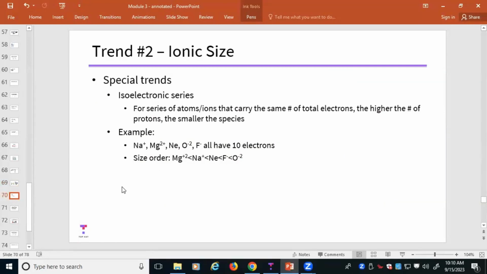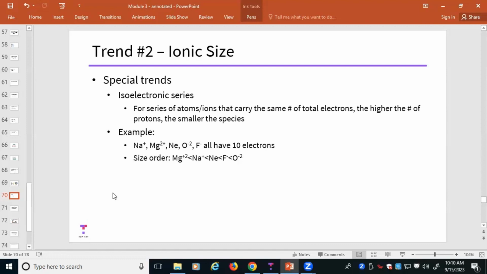There's another trend that we can investigate, and that trend is associated with what is called the isoelectronic series. We talked a little bit about the isoelectronic phenomenon when we started looking at ions and comparing ions and their electron configurations to other ions. Isoelectronic series are when we have either atoms or ions that have the same number of electrons in them, but differing numbers of protons.